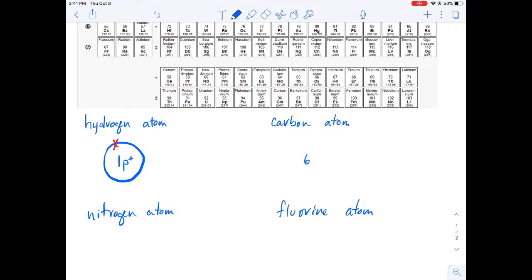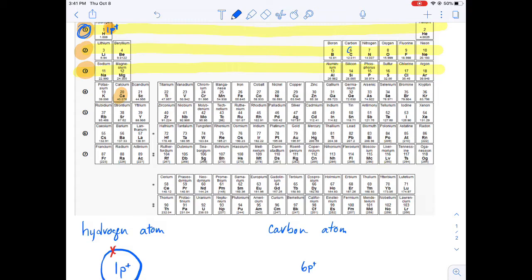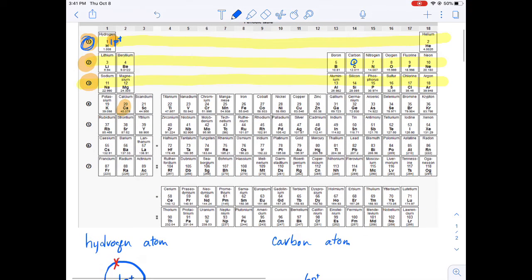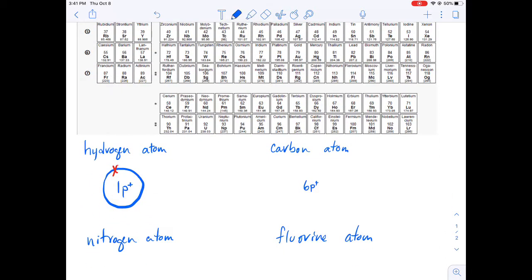A carbon atom has 6 protons, and I know that because its atomic number is 6. Let's just quickly clear this a little bit. And so carbon has two electrons in the first orbital, and I'm going to show that like this.